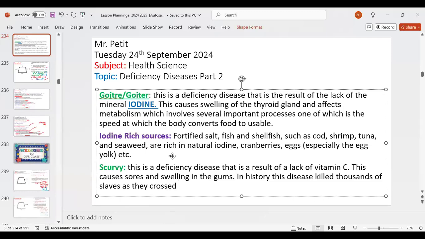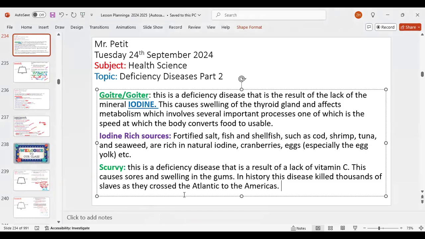Remember the slave trade, right? Yes, sir. As they cross the triangle trade or middle passage. Who said that? Jasmine Rose. Very good, Jazz. Exactly. As they cross the Atlantic to the Americas. I feel bad for them.